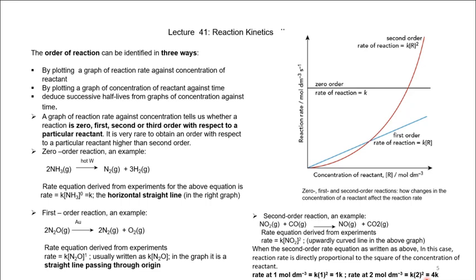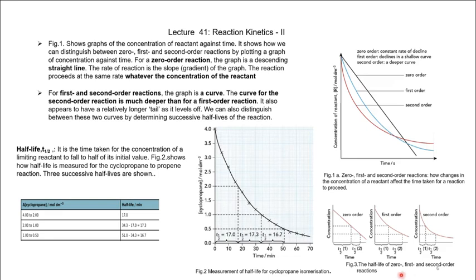So we go to the next slide, and what you see now is figure 1. We are plotting the concentration of reactant against time, and if we see a straight line like this, we call it a zero order reaction.